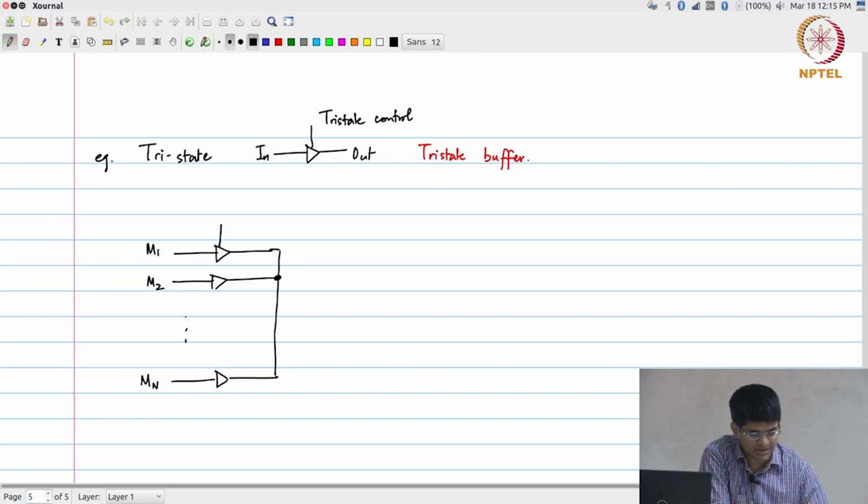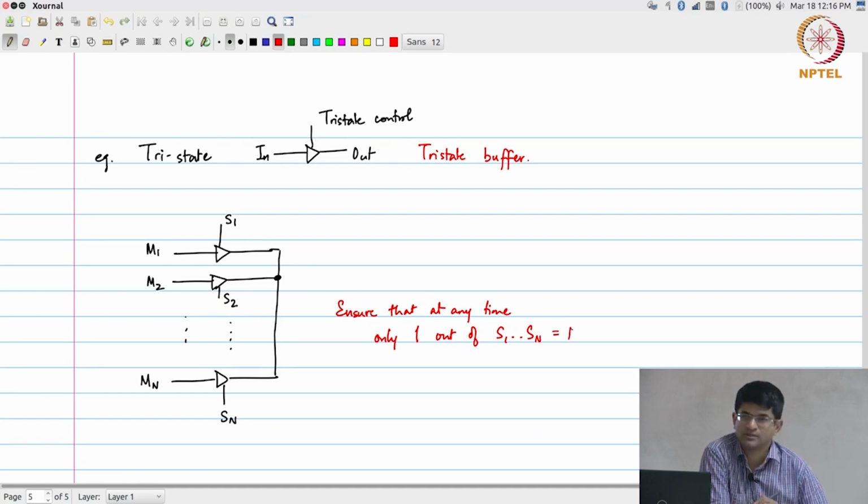And what I do over here is, I give separate signals S1, S2 and so on up to Sn, right. Now, I need to ensure that at any time only one out of S1 to Sn is equal to 1, all the others are disabled.